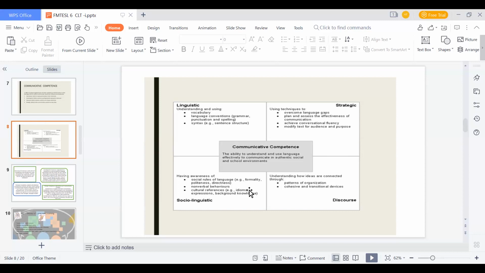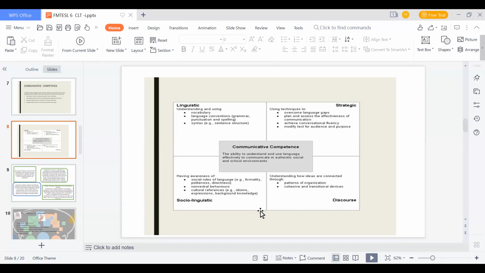Right? Non-verbal behaviors and cultural references, idiomatic expressions, background knowledge. For example, idiomatic expressions: where's the loo? Loo is another word for washroom. But in some cultures, they don't use the term washroom, they use the term loo. So you're in that context, you should know these words.